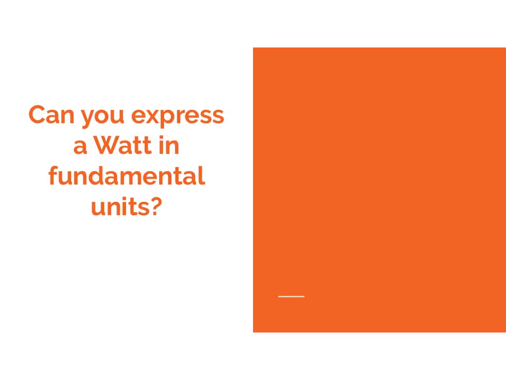Taking the next step, what is a watt in fundamental units? A watt, we just said, is equal to joules per second. How fast we're doing work, basically. Now I want you to express that in fundamental units. Pause the video, have a go at the derivation. Okay, what we should be getting familiar with now is the idea that a joule is equal to a kilogram meters squared seconds to the -2.